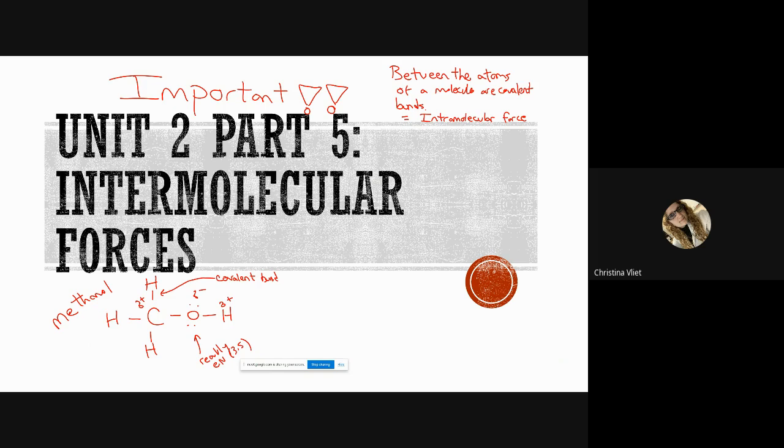If I have methanol and I have another methanol, would that methanol molecule also be polar? It would. I'm going to face it this way with the proper shape. Partial negative and partial positive.